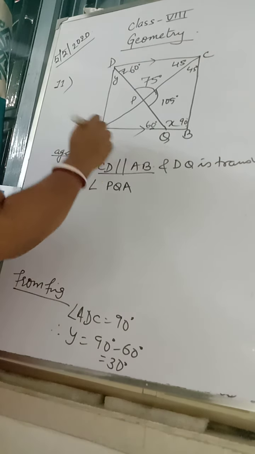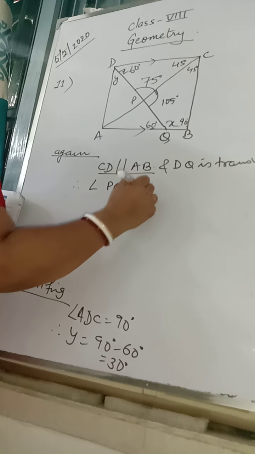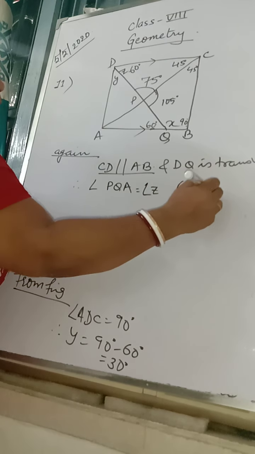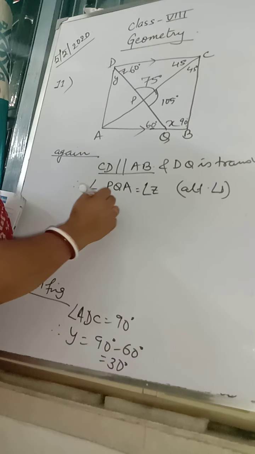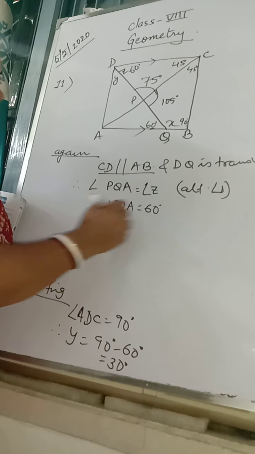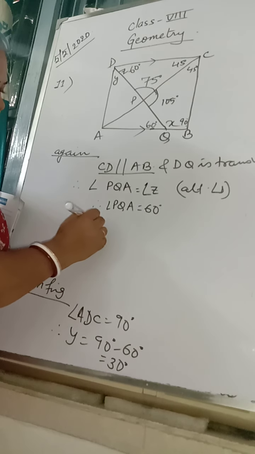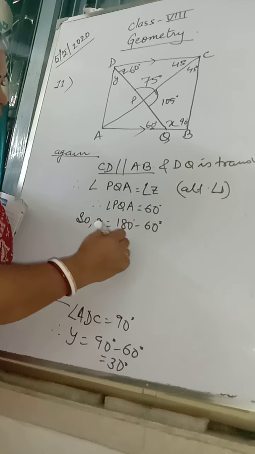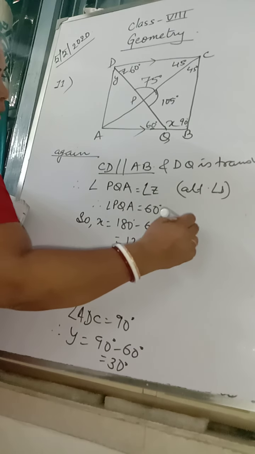So angle PQA is equal to angle Z, alternate angles. So angle PQA is equal to 60 degrees. So X is equal to 180 degrees minus 60 degrees, 120 degrees, straight angle.